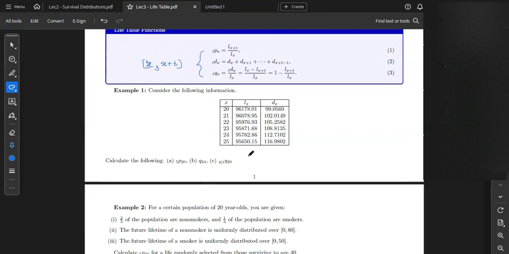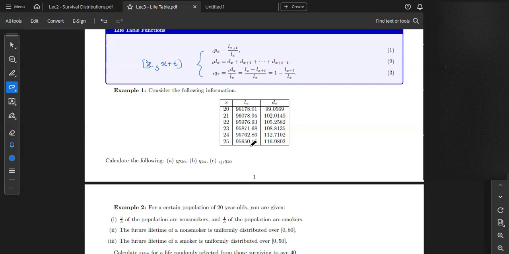So in the previous example, I mentioned that unless we have more information about the cohort that we study, we have to do some estimation processes to find the LX and DX for whatever population we are considering.